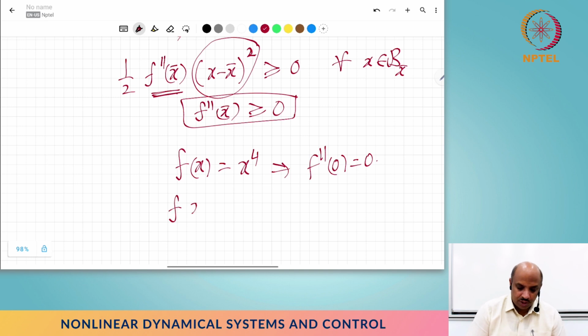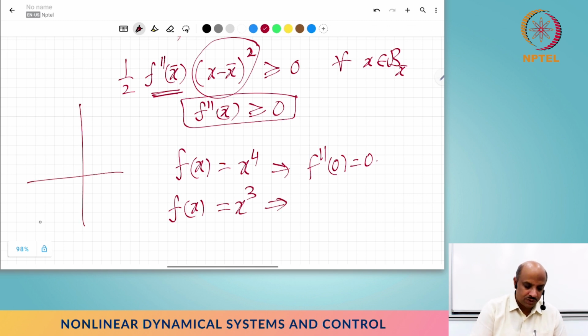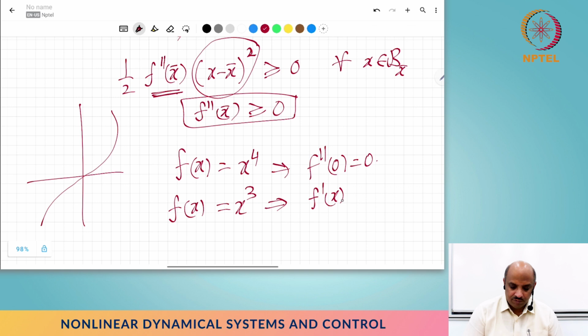Conversely, if you pick this function to be x cube, if somebody is interested, it looks something like this. It doesn't have a minimum or maximum in this entire interval, but if you look at the 0 point, you will have f prime of 0 is 0, f double prime of 0 is also 0, right?